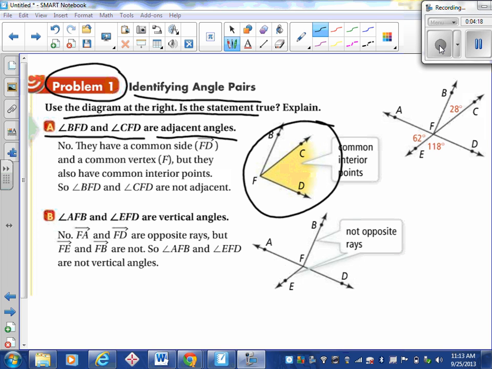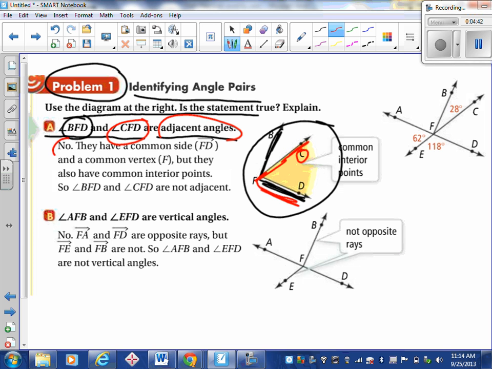With angle BFD, there's BFD, it is this angle. And I'm going to take a look at angle CFD. Here's C, so it's CFD. They're asking, are they adjacent angles?